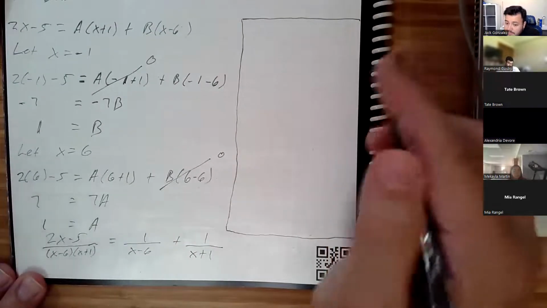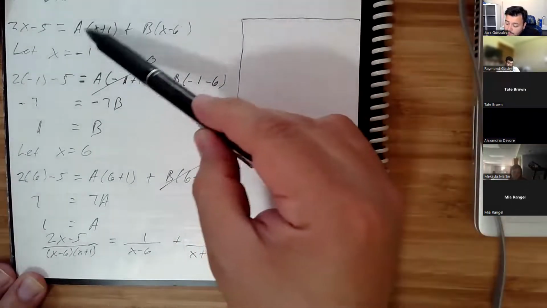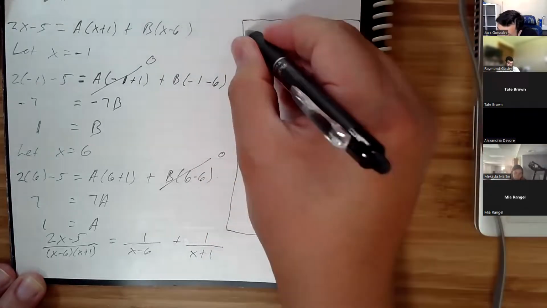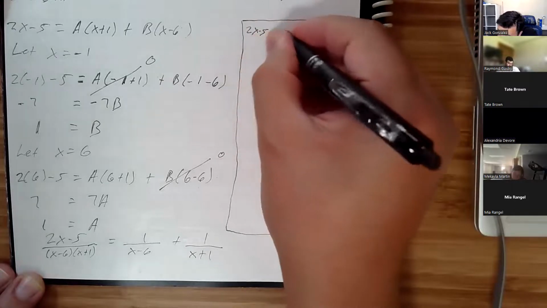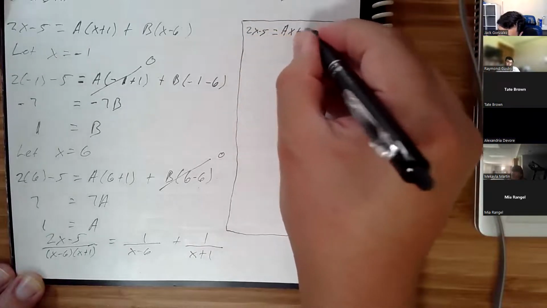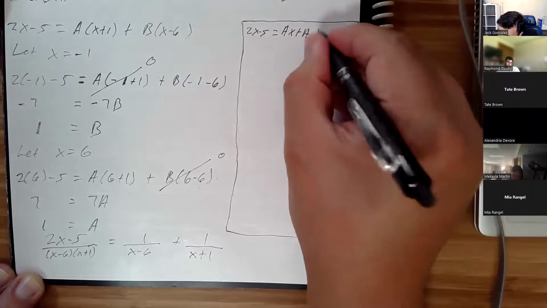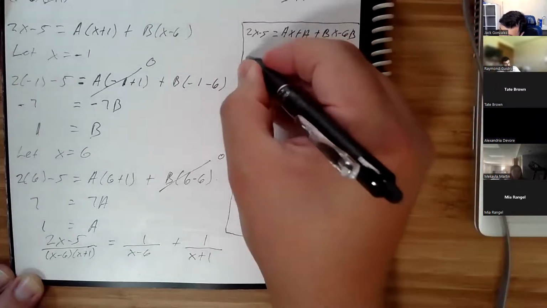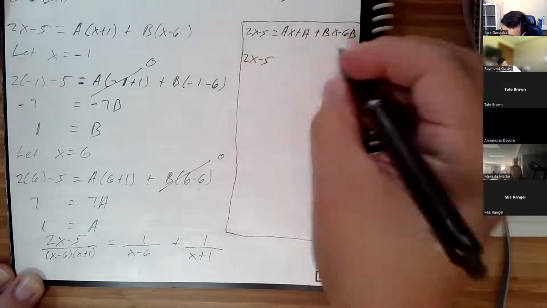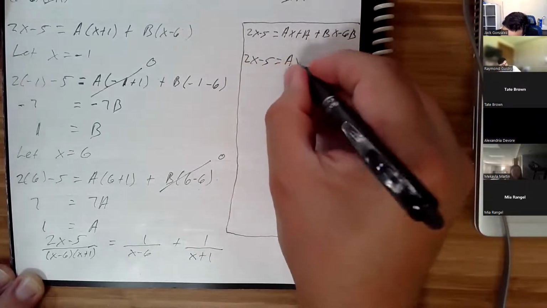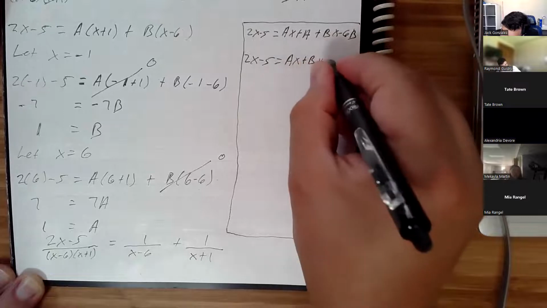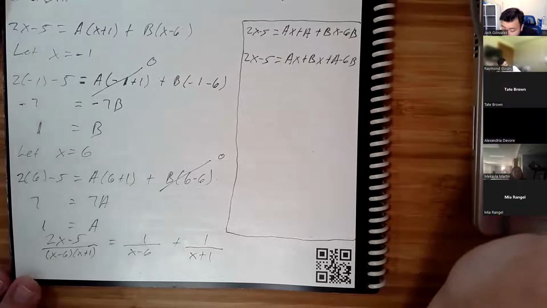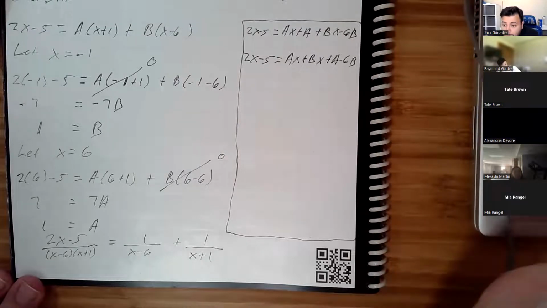Because we could have said right here, right? Distribute all this nonsense. We would have had 2x minus 5 equal to ax plus a plus b x minus 6b. Right?